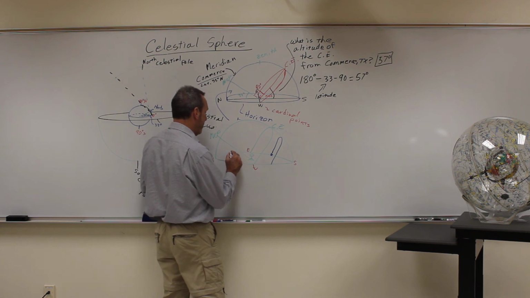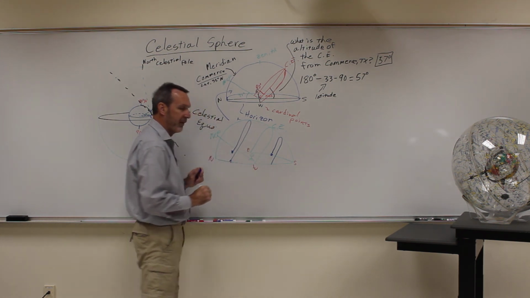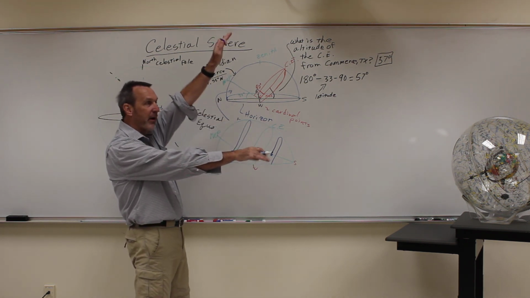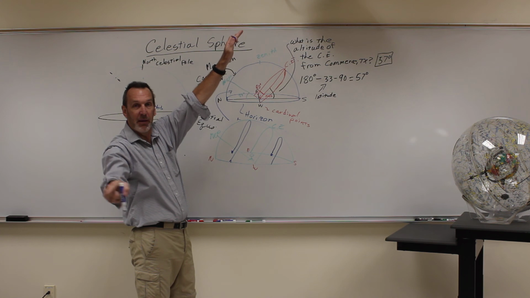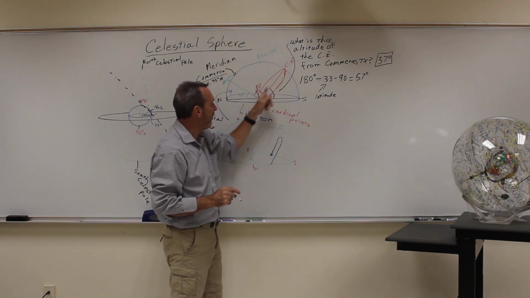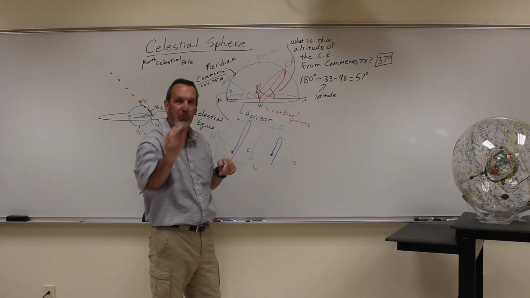If we have one up here, it still always parallels the celestial equator. So by knowing the altitude of the celestial equator, the angle there, all stars are going to follow that same angle. No matter where they are, they're always going to follow that same angle. Or in Commerce, they're always going to have a 57-degree angle, their path across the sky with the horizon.